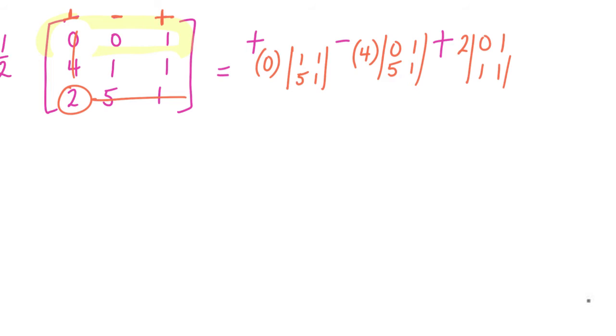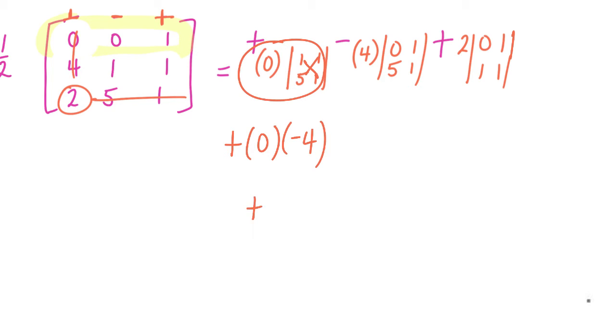So this is what we're working with right here. So let's do the work. Well, we know anything times 0, it doesn't matter what the determinant is, but I'll go ahead and write it out. It's a positive 0, and I know that when I take 1 minus 5, I get a negative 4. Minus 4 times negative 5 is plus 20, plus 2 times 0 minus 1, which is a negative 1.